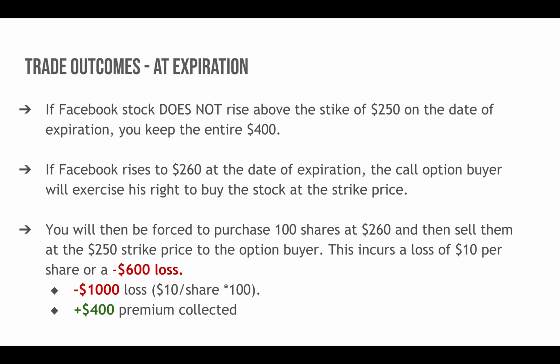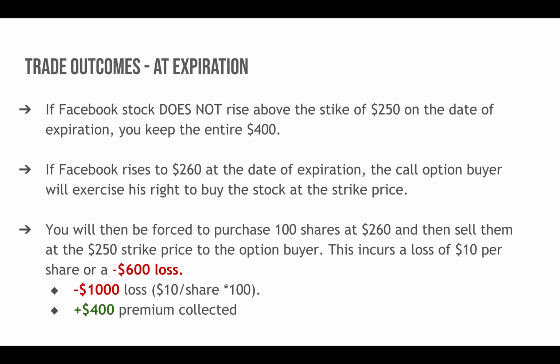Because you have the obligation, you are now forced to purchase 100 shares at 260 and then sell them at the 250 strike price to the option buyer. This incurs a loss of $10 a share, or a net loss of $600, because you're losing $1,000 on the shares, right? $10 a share times 100, but you collected $400 in premium, so the total net loss is $600.